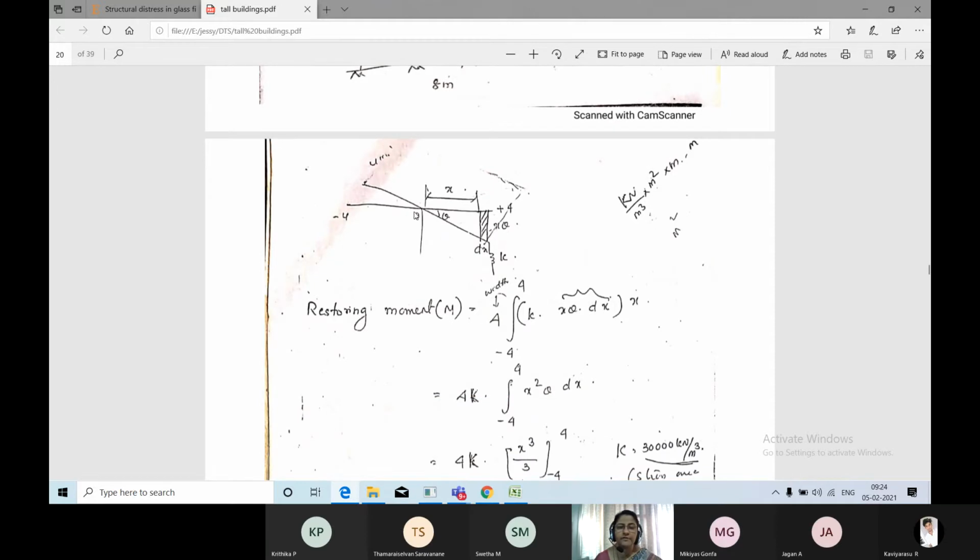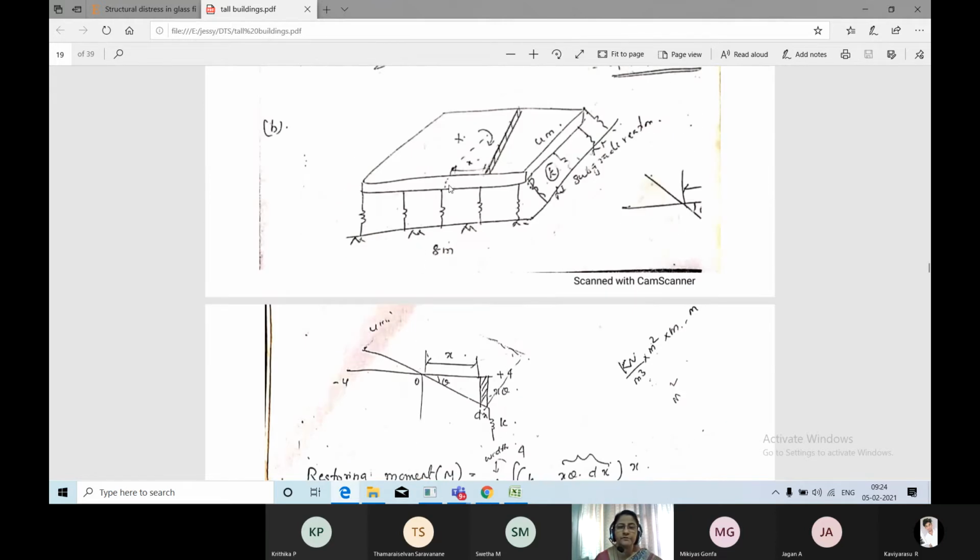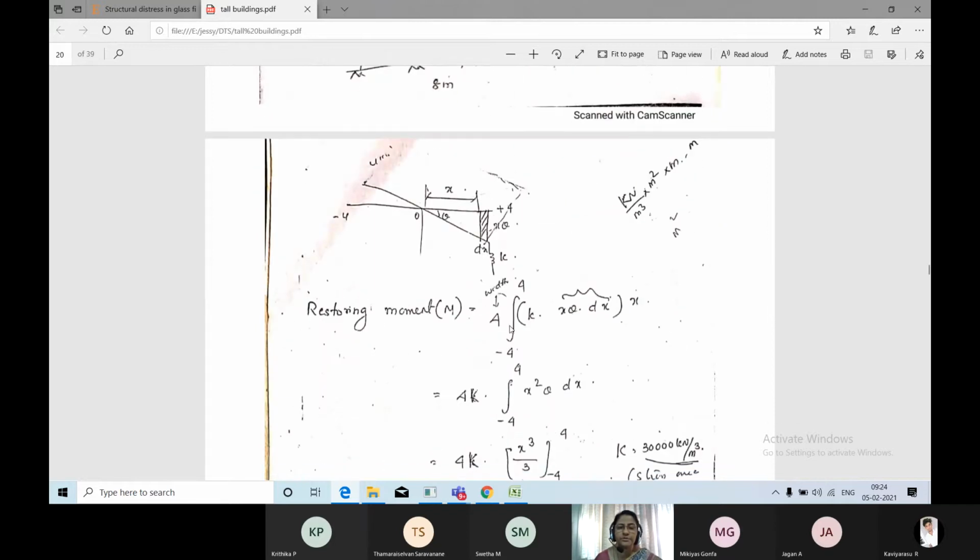You can take 2 times 0 to 4. This is the one side 8 meter and this is the width 4 meter. So here, integration of the moment of this area about this point.